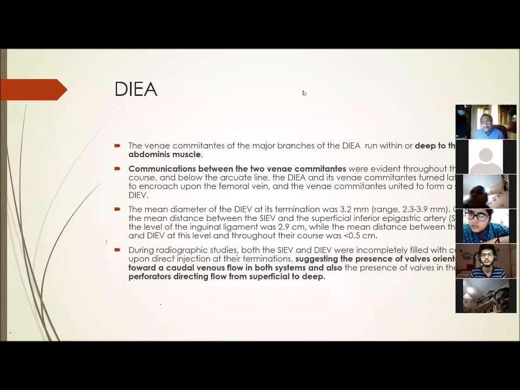Okay, so we talked about it. One more thing that is important is the communication between the superficial and the deep system, just like in the leg. In the leg, you have the saphenous system, you've got the deep system. So there is always a perforator communicating between the two. Similarly, in the abdomen also, you've got the superficial system and the deep system communication.